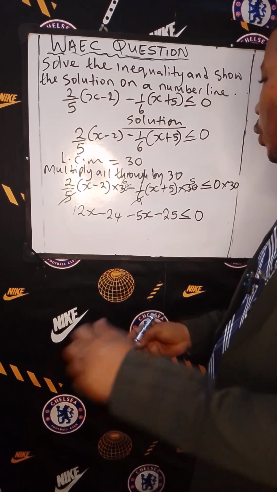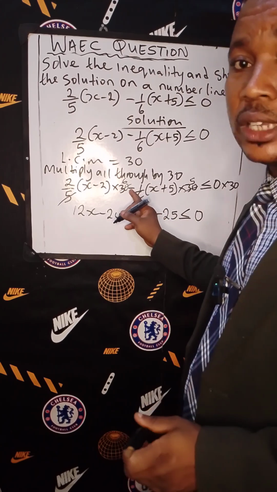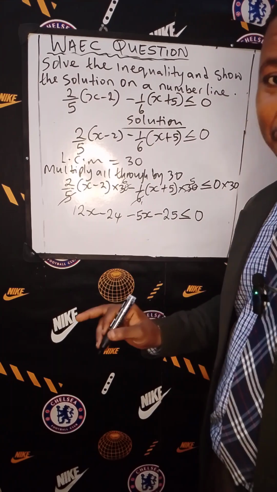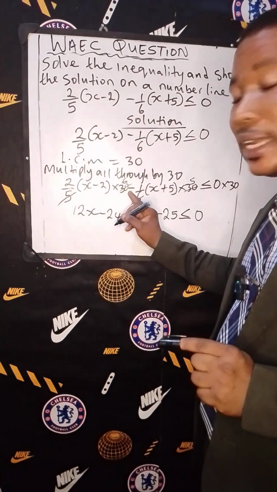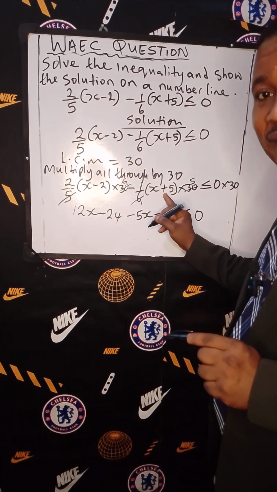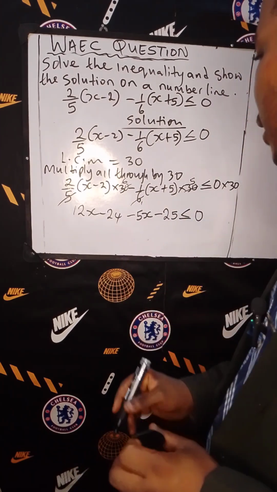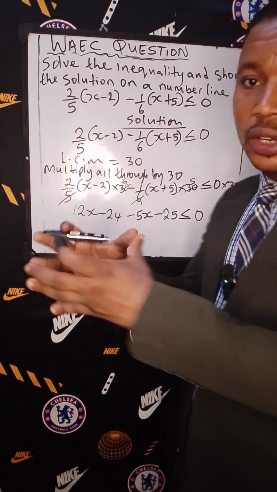Whenever there is a negative or positive sign and there's a bracket, please be careful, because you have to use the sign and multiply the sign inside too. So see what we have so far. What do we do? We collect like terms.